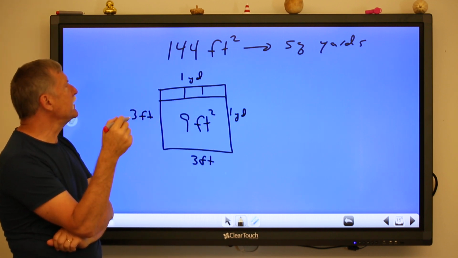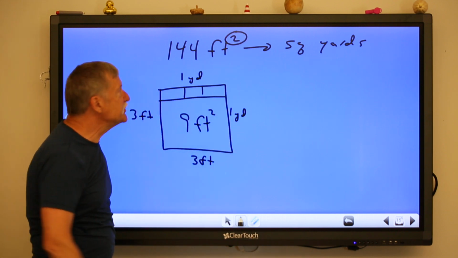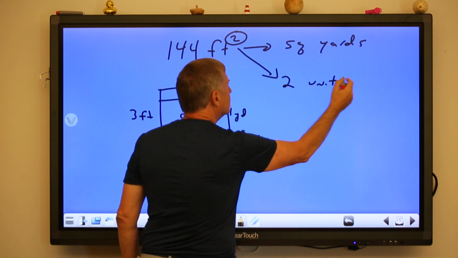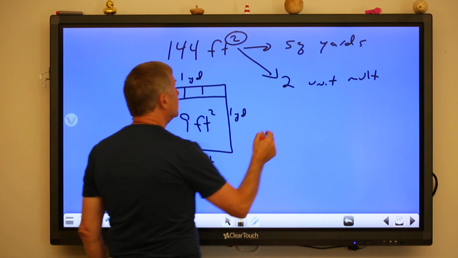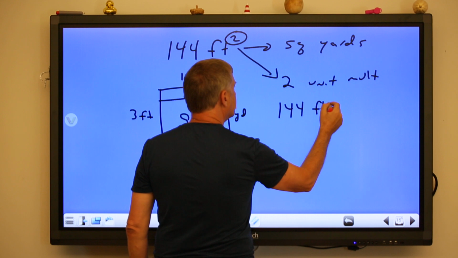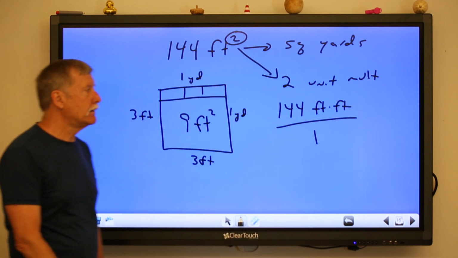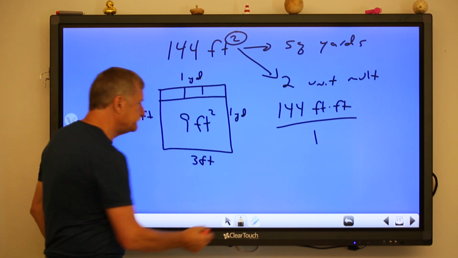So you need to avoid these things, and when you see square units, that's your cue that you have to use 2 unit multipliers. In other words, we would start this out as 144 feet times feet over 1. 144 square feet, all right?